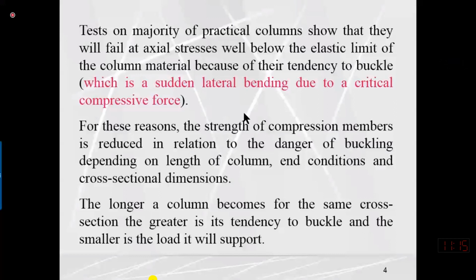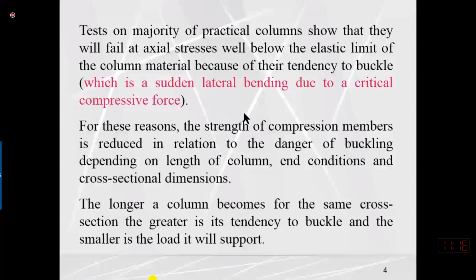So here I would like to give another example. For example, we have two columns. Both have the same area or same cross-section. One member is 1 meter long and the other member is 2 meter long. If both are subjected to compressive force, the member which is longer will fail at a lesser load value as compared to the column which has shorter length.